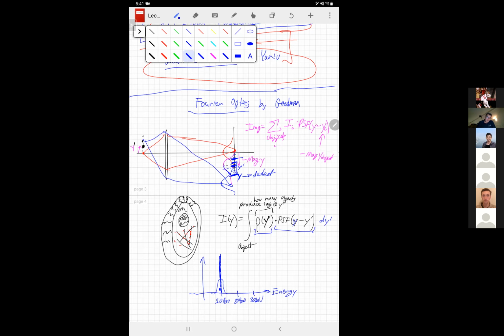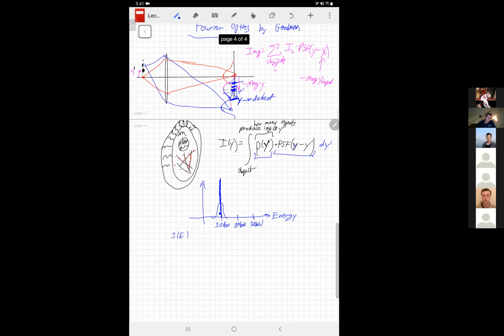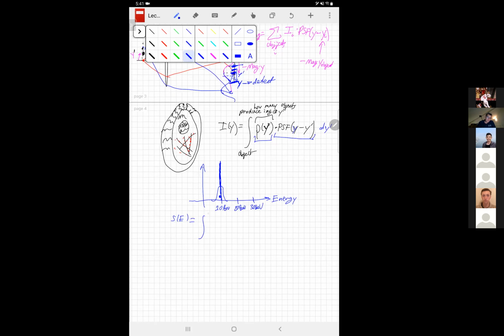And so if I wanted to know how much signal I get at a given energy E, I would have to integrate over all the possible input energies. And I'd have to ask, how many particles with an energy E prime were coming in? And then we'd have some response function of E minus E prime.